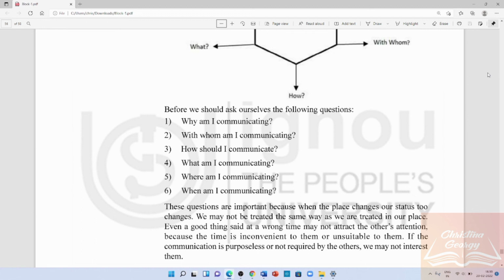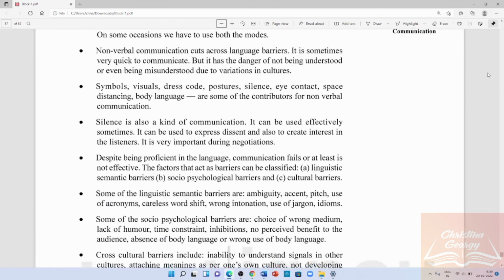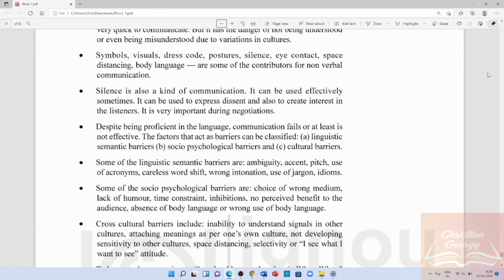So to sum up, we can say that communication can be classified into verbal and non-verbal communication. Verbal communication involves oral and written modes. Non-verbal communication does not use words but gestures. One-way and two-way communication are types of communication. In one-way communication, no response is expected, whereas two-way communication works both ways.